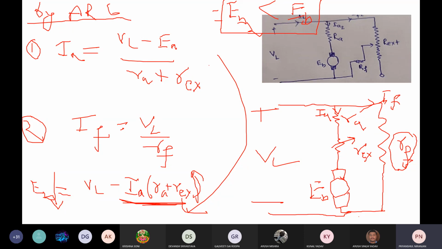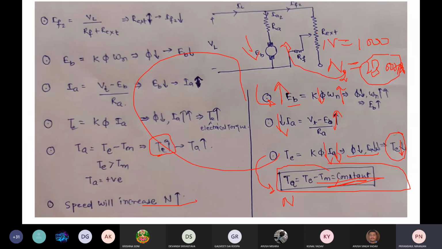That is my question to complete in the notebook: how to decrease the speed in the armature by using the armature resistance control, with reference to field winding control. ओके आपको ये मेथड दोबारा से देखना है कि कैसे स्पीड कंट्रोल होगी स्टेप बाय स्टेप से. हमने तो ये कह दिया कि यहाँ से स्पीड कंट्रोल हो जाएगी, बट आपको स्टेप से देखना. दिस इज माय क्वेश्चन फ्रॉम दैट मेथड.